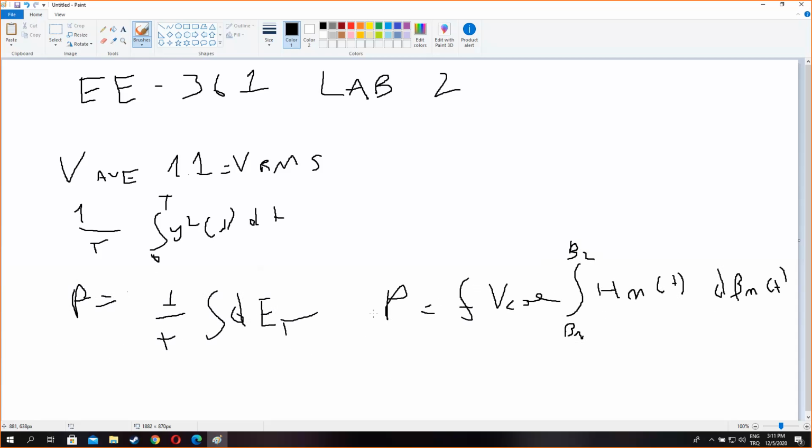As it can be seen from the second part, this gives the hysteresis area, and the power loss is proportional with the area, as it can be seen from the equation, and the constant frequency, of course. And due to those formulas, loss power can be calculated by using the BH curve.